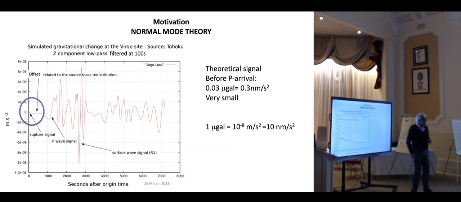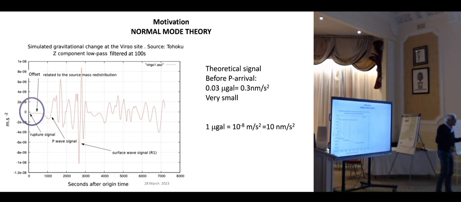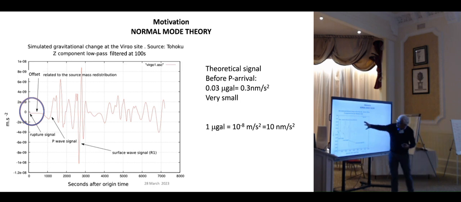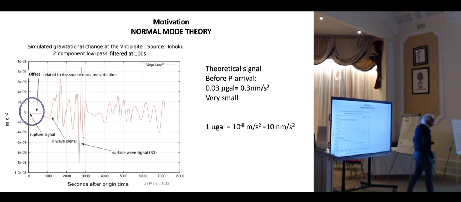Okay, so that was the first motivation. And the first work we started with was a theoretical work on synthetic seismograms of the effect on the gravity field by using the normal mode theory. Normal mode theory calculates the free oscillation of the Earth, and it's a simple way to calculate synthetic seismograms. And normal modes are also sensitive to gravity.